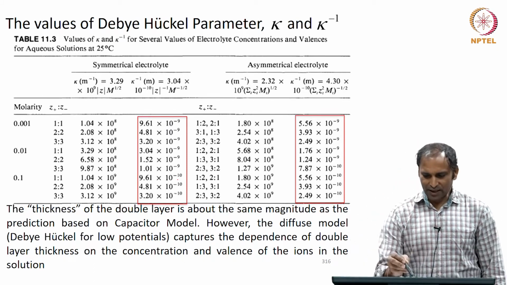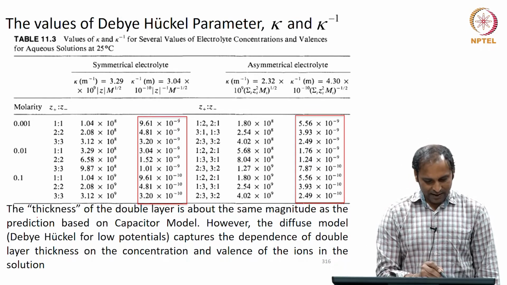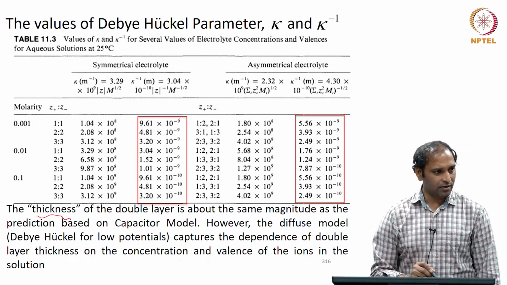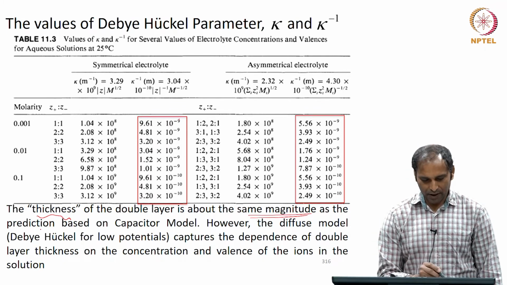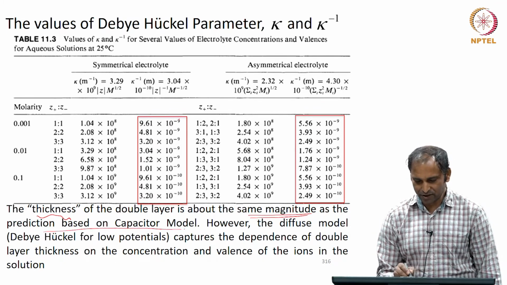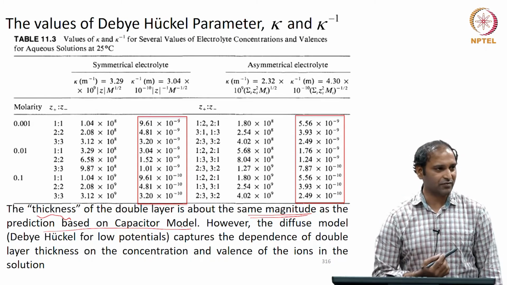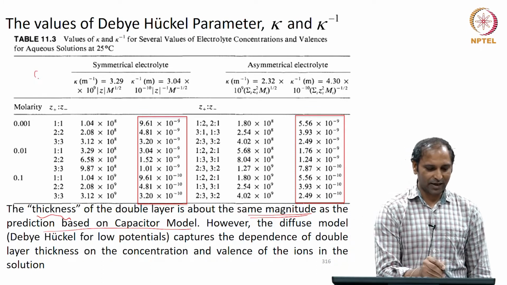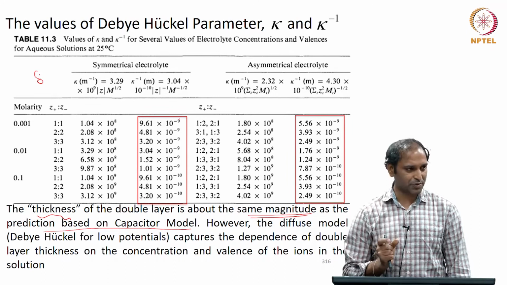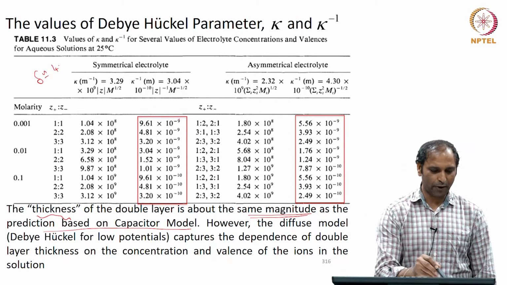If I look at these numbers, one comment I can make is that the thickness of the double layer is about the same magnitude as the prediction based on the capacitor model. If you remember the calculation that we made, the delta, the separation distance between the parallel plates of the capacitor, came out to be something like 4.4 nanometer.